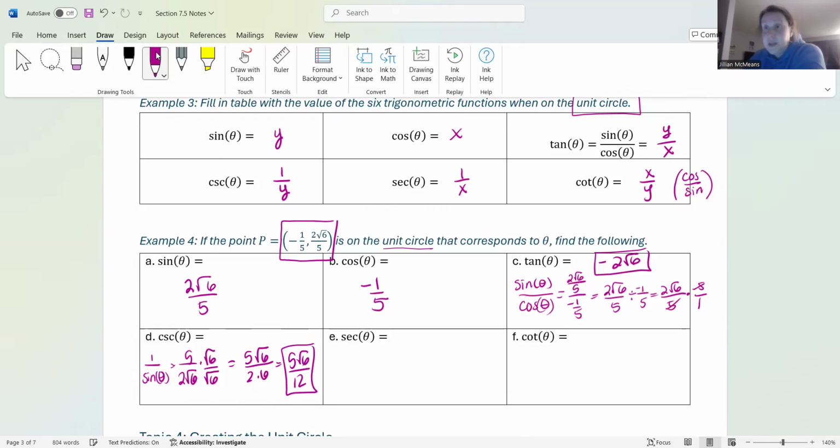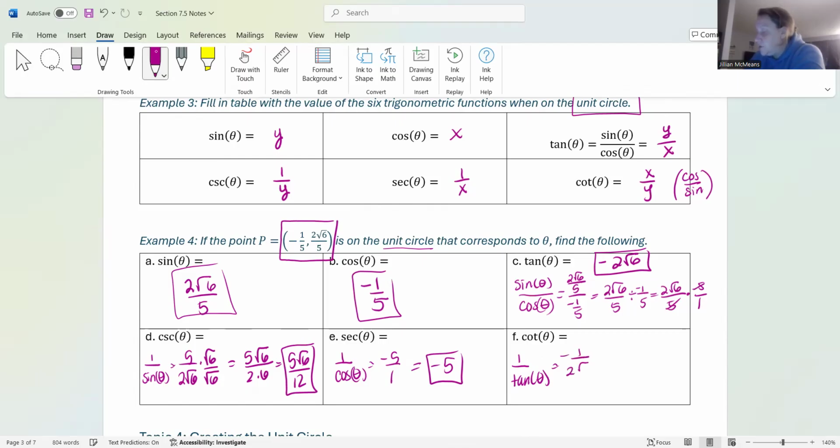All right, now secant is the reciprocal of cosine. So that's just going to be -5/1 or -5. And then finally, cotangent is the reciprocal of tangent. So we have -1 over 2 square root 6.